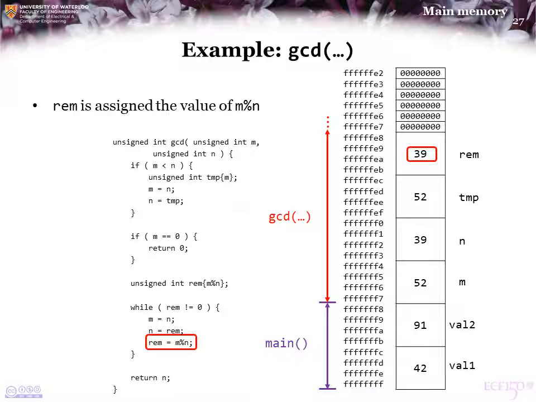And now rem is assigned the value of m modulo n, or the remainder of when 52 is divided by 39, and that is 13.